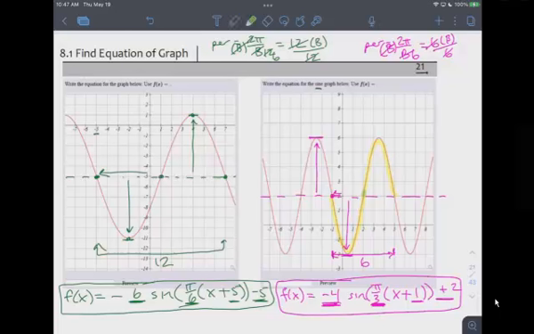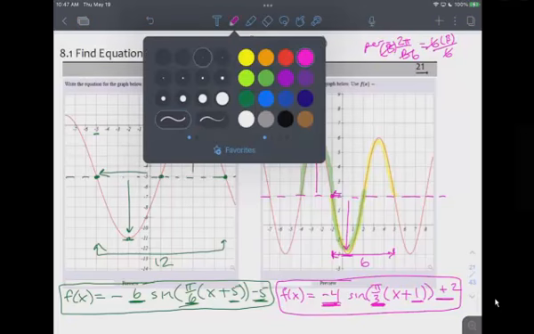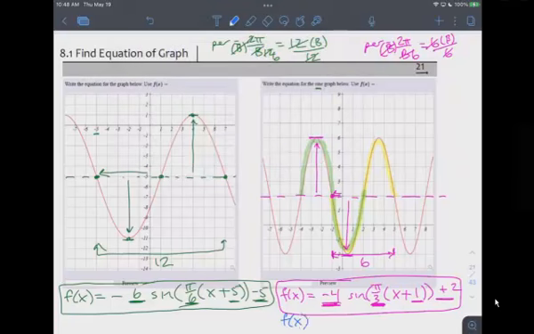Now, this is not the only equation I could use. Again, what if I had chosen this portion right here? If I had chosen that portion, I'll rewrite my equation. I still have an amplitude of 4, but this time I'm going to use a positive. I still have a b value of pi over 3. That doesn't change. Everything stays the same except for my phase shift.